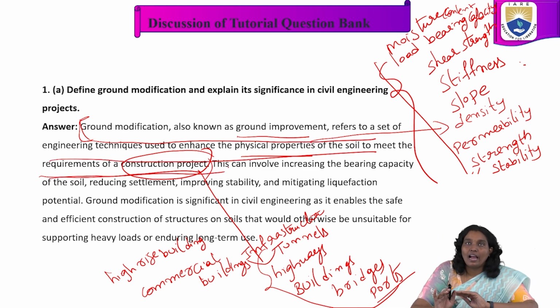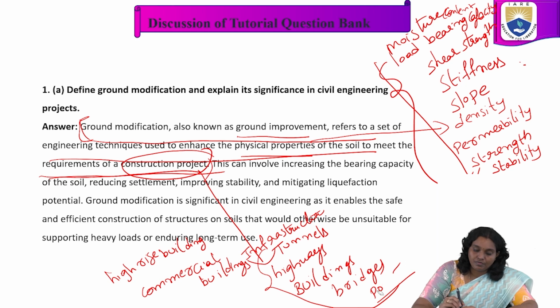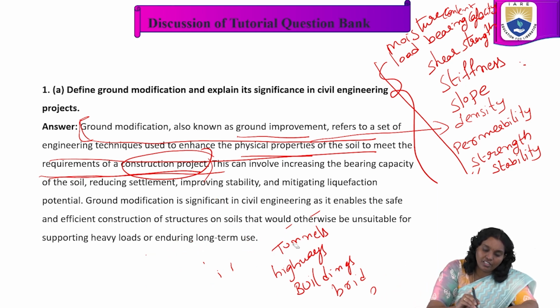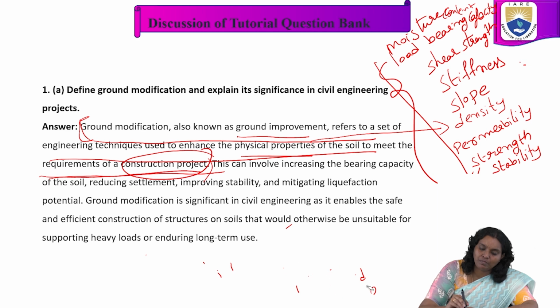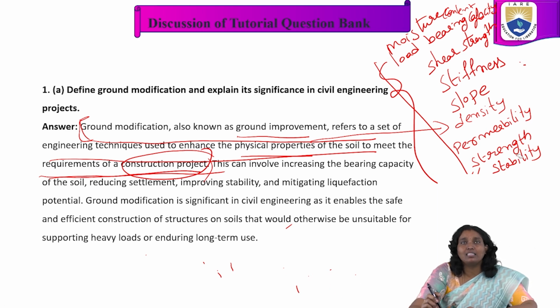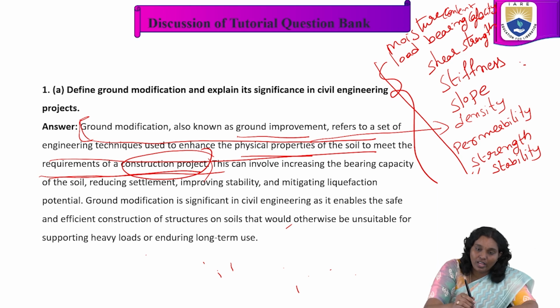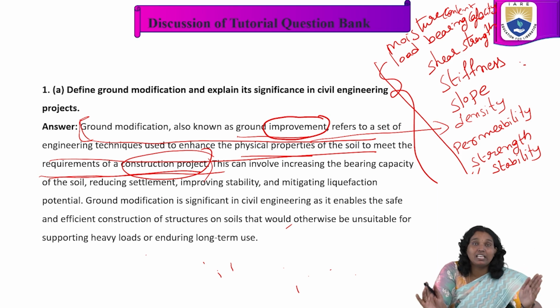And now, once we have done the definition of the ground improvement techniques as per the marks, we have to analyze what we understand. This is also known as ground improvement. We are going to define ground modification as nothing but a set of engineering techniques.